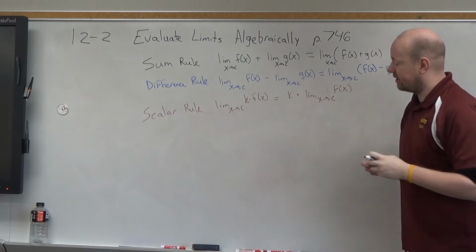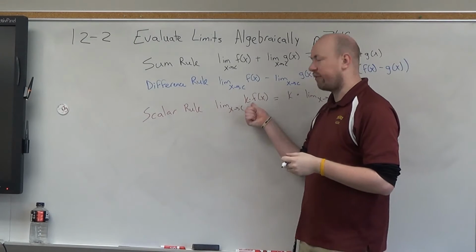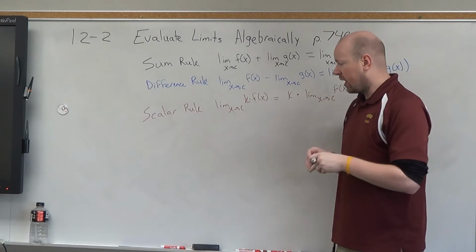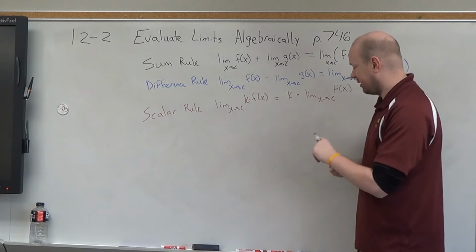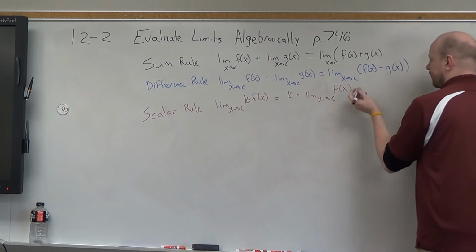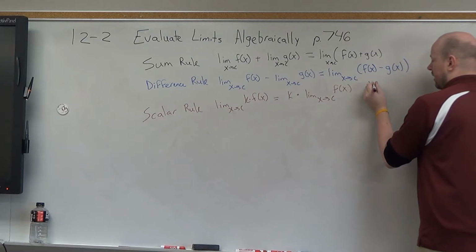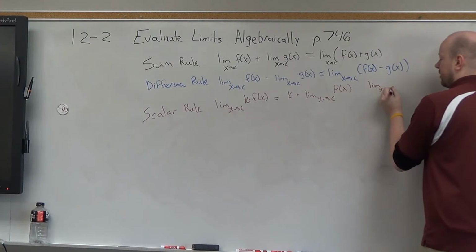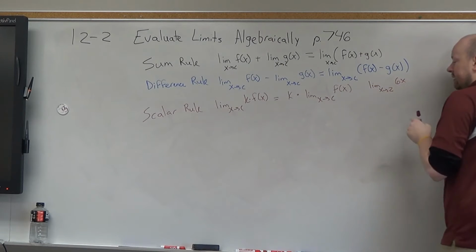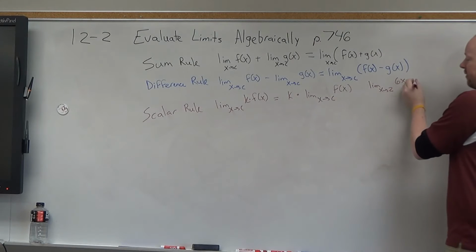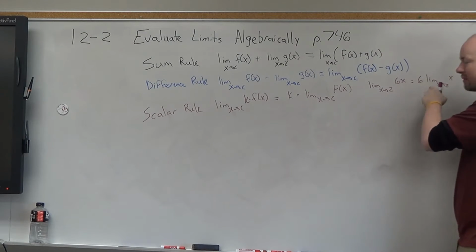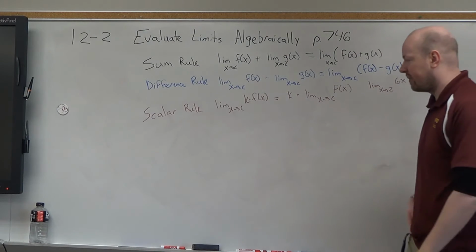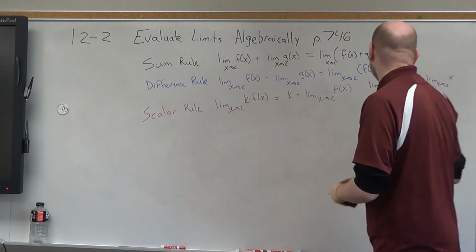So all that means is if I have a scalar out front, like a coefficient, I can just boot it out front and worry about the x parts first. So if I had something like the limit as x approaches 2 of 6x, I could just kick my 6 out in front, and then I could just do the limit as x approaches 2 of x. And then I just multiply by 6 later. That's all that means for that scalar rule.